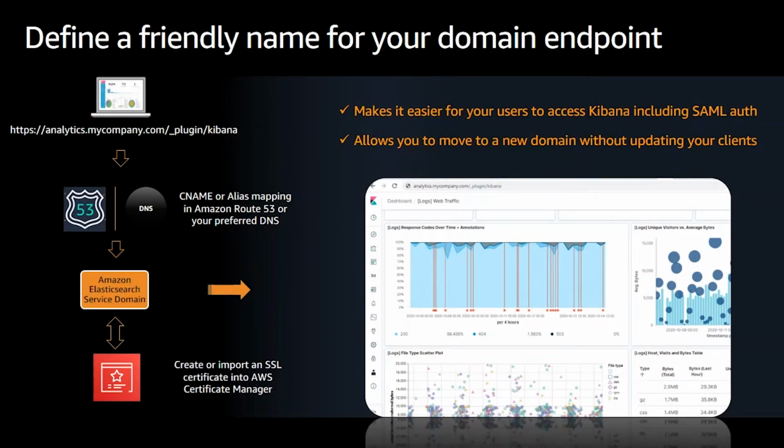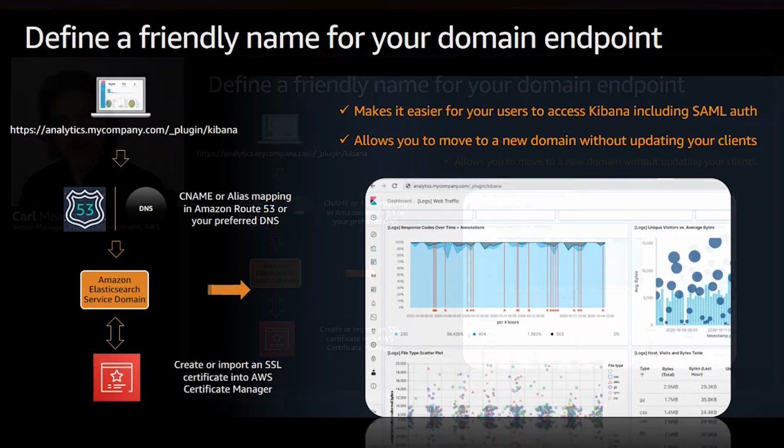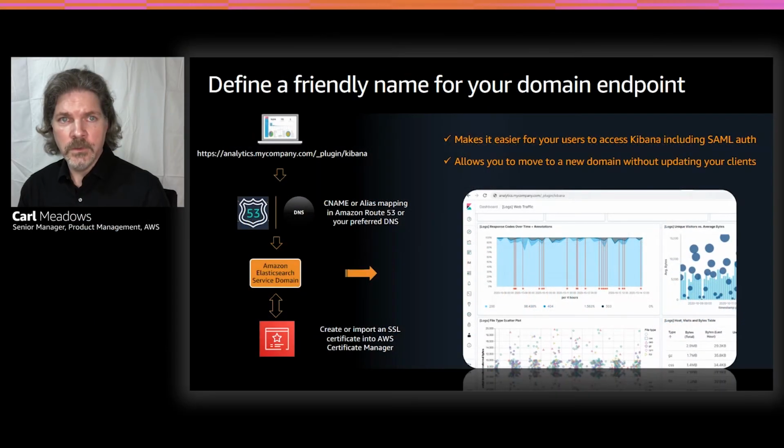One other feature I want to dig into a little bit is the friendly domain name feature. I'm a real big fan of this. It makes it a lot easier for users. This feature integrates with Amazon Route 53 as well as AWS Certificate Manager to allow you to set up a friendly domain name. You can use that domain name with all of your clients, and your users can bookmark it for their Kibana access.